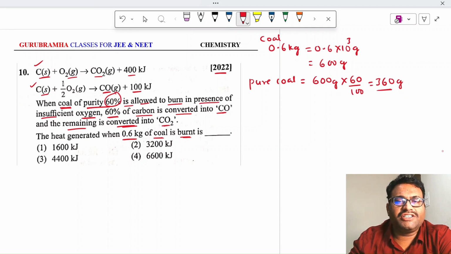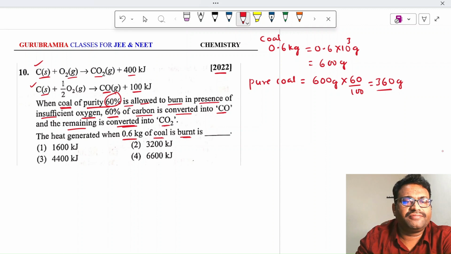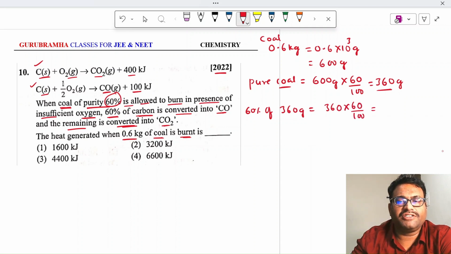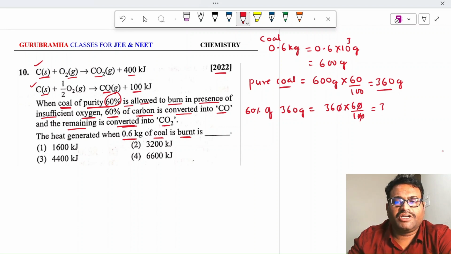And among that 360 grams, 60 percent of carbon, so coal means carbon, 60 percent of carbon is converted into carbon monoxide. So 60 percent of 360 grams is equal to 360 into 60 by 100, that is equal to 36 into 6, 216 grams.